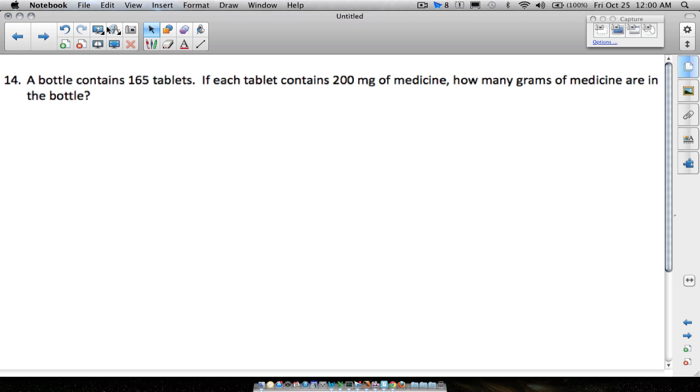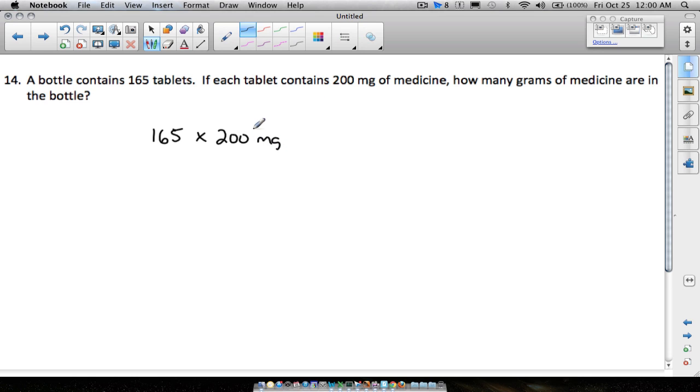Two ways to approach this problem. There's 165 tablets in a bottle. Each one of those 165 tablets has 200 milligrams of medicine. The first way you could approach it is this. If we take 165, that's how many tablets we have, and multiply it by 200, now be careful though, that is 200 milligrams.